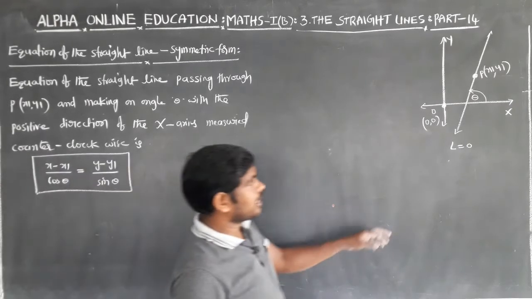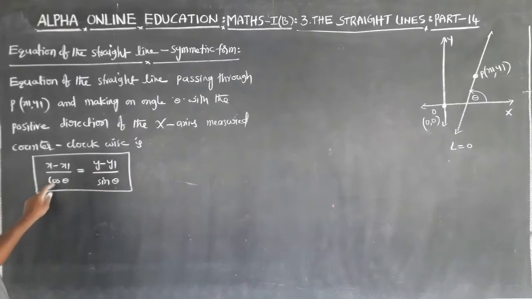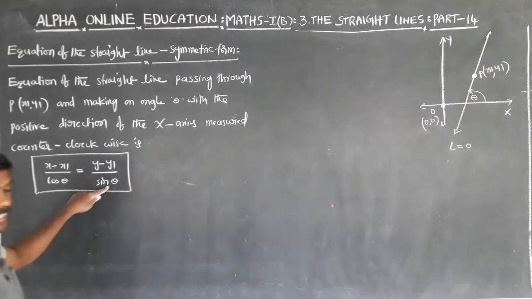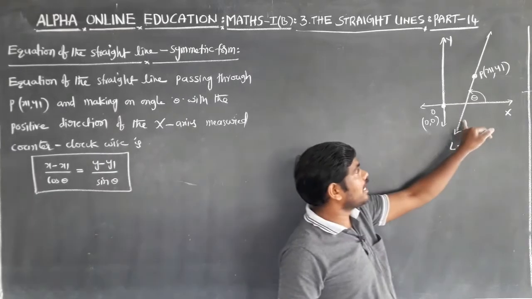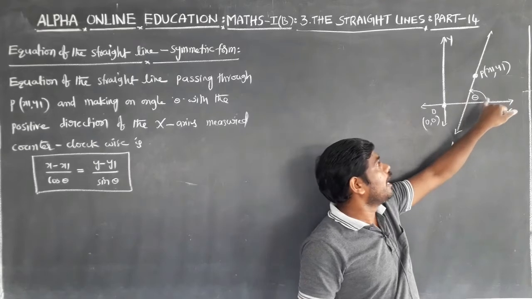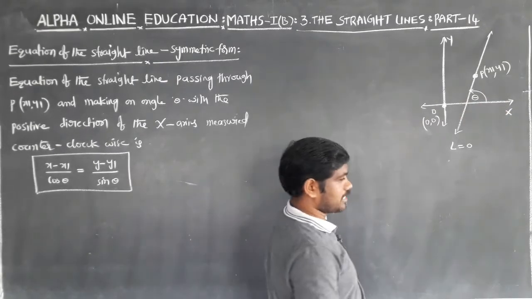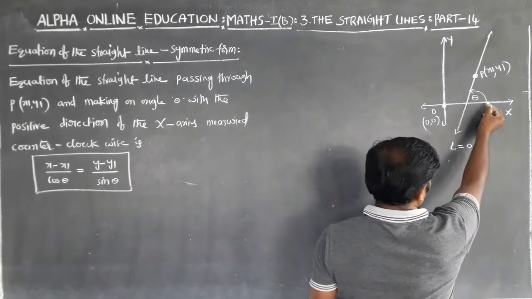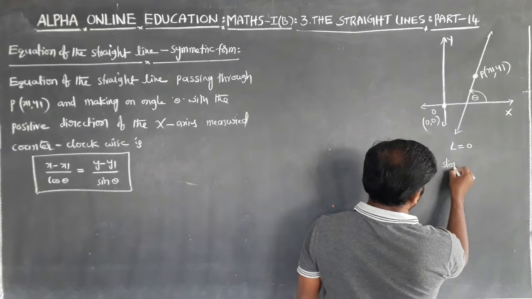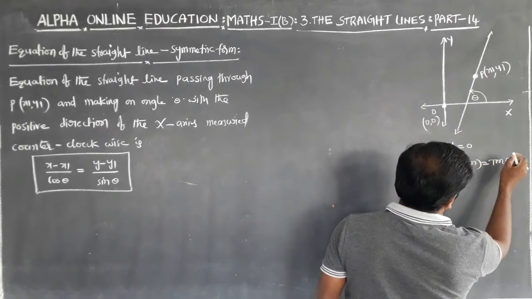The equation of the straight line in symmetric form is (x minus x1) by cos theta is equal to (y minus y1) by sin theta. Here the line passes through the point P(x1, y1) and makes an angle theta with the positive x-axis. A line making an angle theta with the positive x-axis means slope m is equal to tan theta.